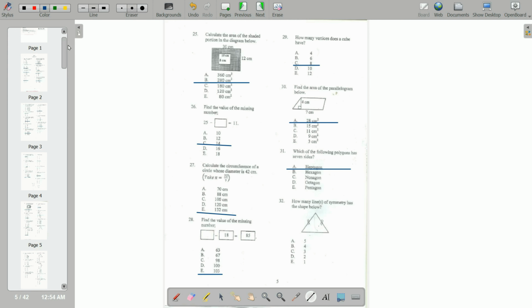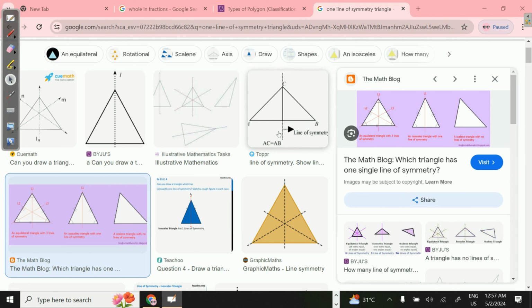Next is question 32. How many lines of symmetry has the shape below? An isosceles triangle has one line of symmetry.